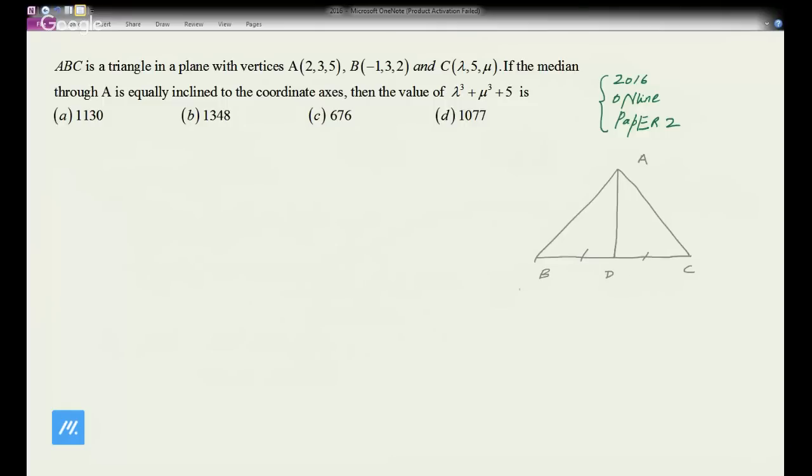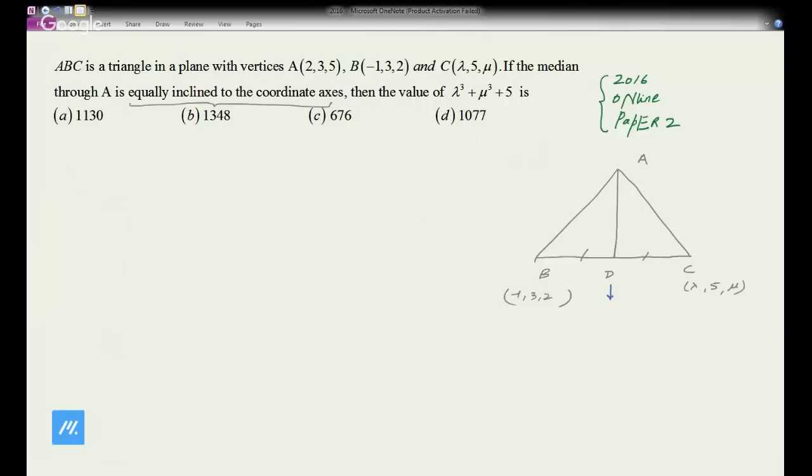B and C are given. This is a very simple problem in terms of the concept, but here the calculation is a bit weird. It is said that the median through A is equally inclined to the coordinate axes.